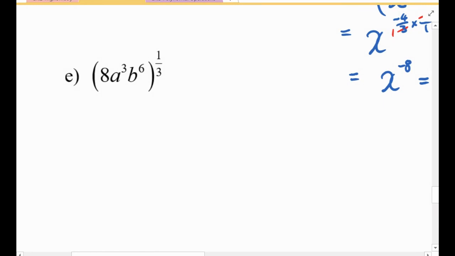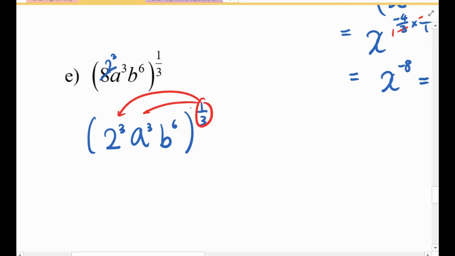Okay, so before we solve, let's just change 8 to 2 to the power of 3. Right? So 2 to the power of 3 a cubed b to the power of 6, to the power of 1 over 3. So we're going to distribute it. We have 3 items.